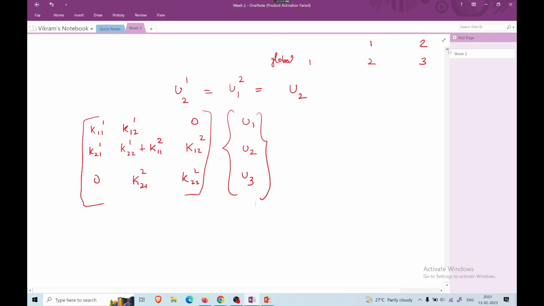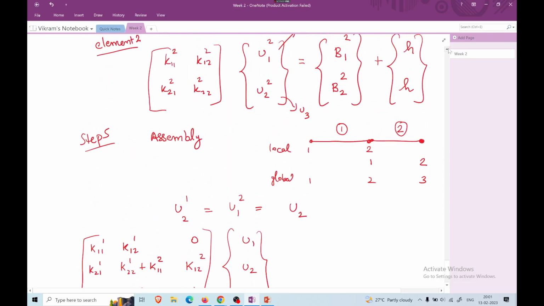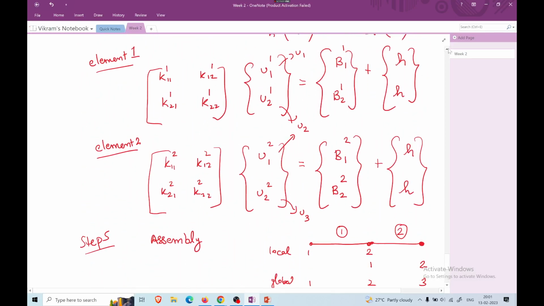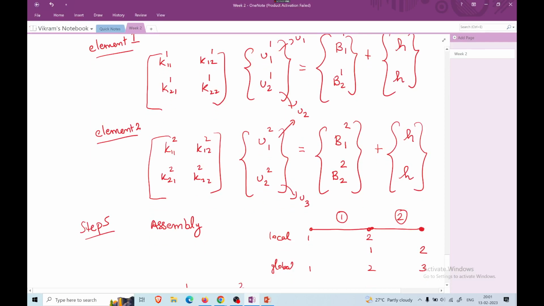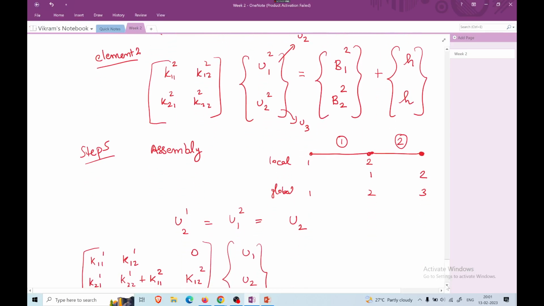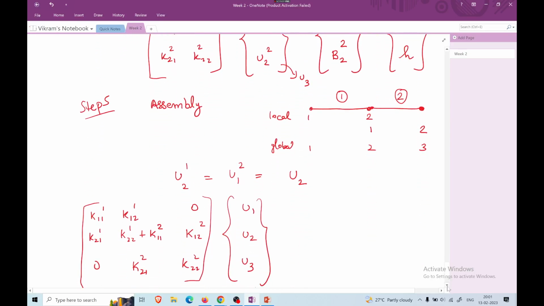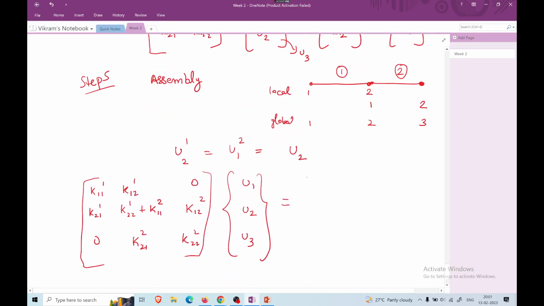Okay. So this will be B11, this will be B21 plus B12, and this will be B22.